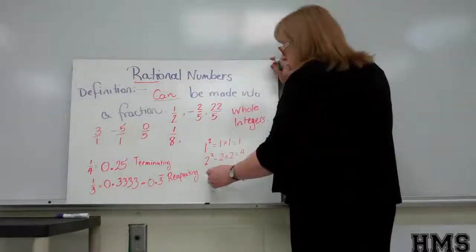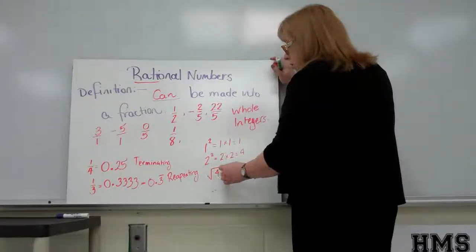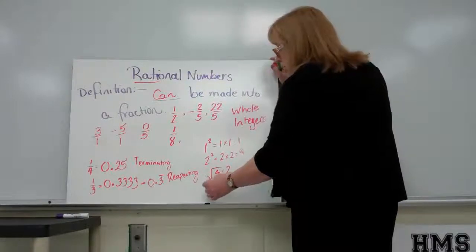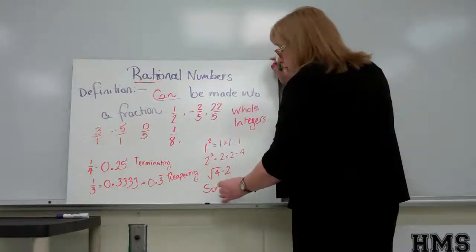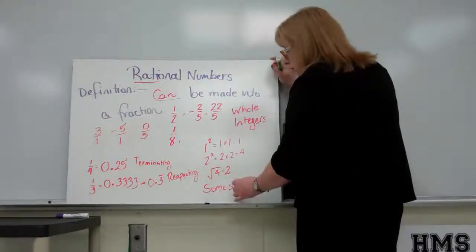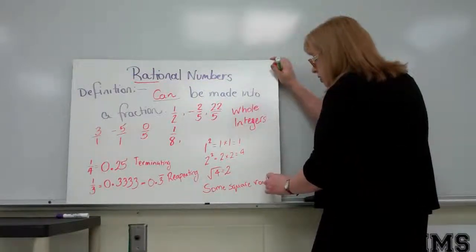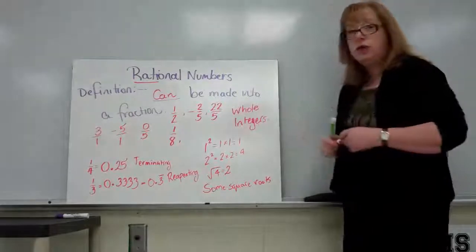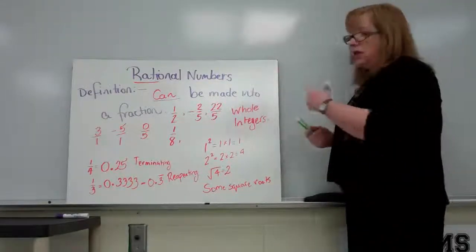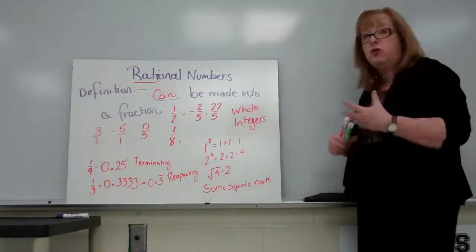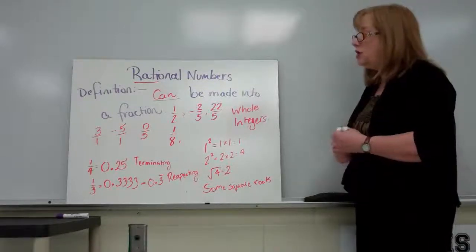So the square root of 4 is 2. So some square roots will be rational, but not all. And in our next section on irrational numbers, I'll show you how to recognize the ones that are not rational.